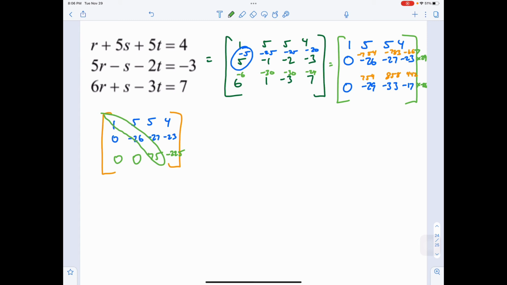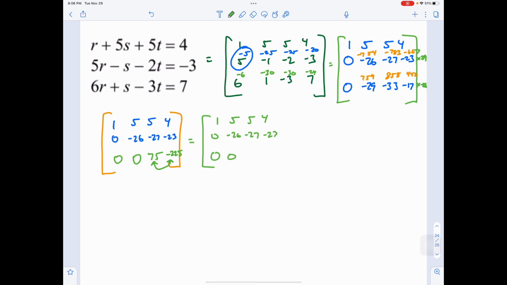Now, our goal is to get this whole row here, a bunch of 1s. So to do that, we're going to divide the whole row by 75. And that leads us to our next row. It would be 1, 5, 5, 4. That hasn't changed. 0, negative 26, negative 27, and negative 23.